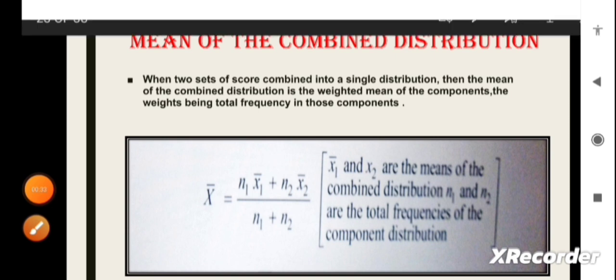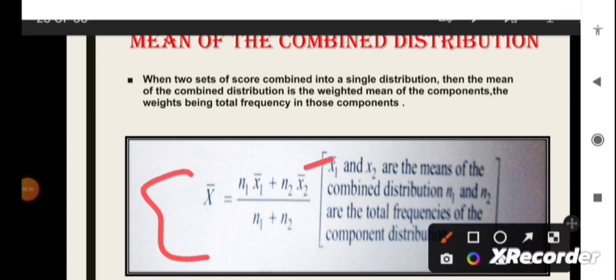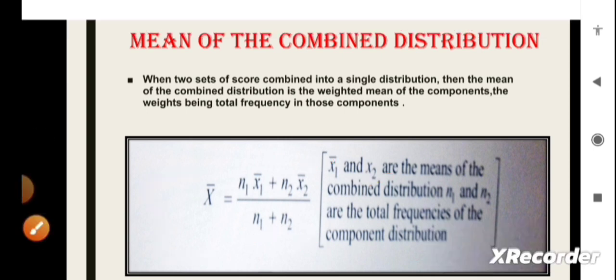Here x1 and x2 are the means of the component distributions and n1 and n2 are the total frequencies of the component distributions.